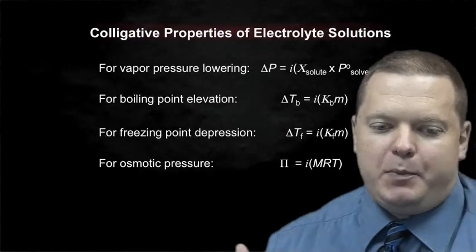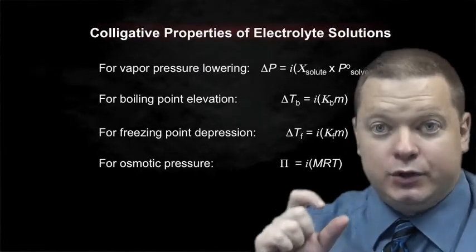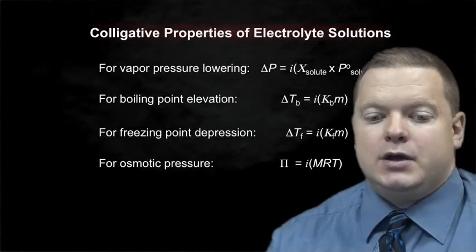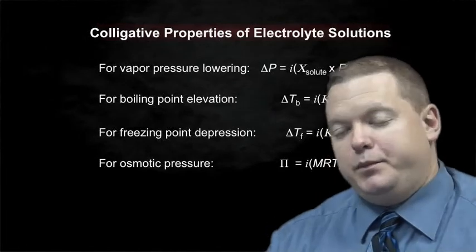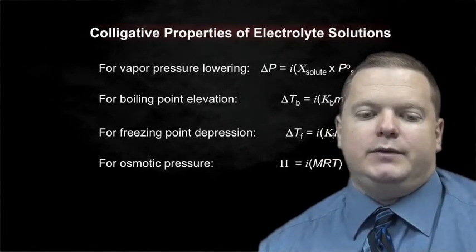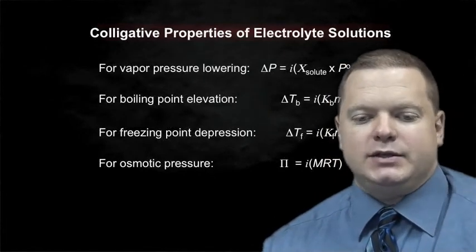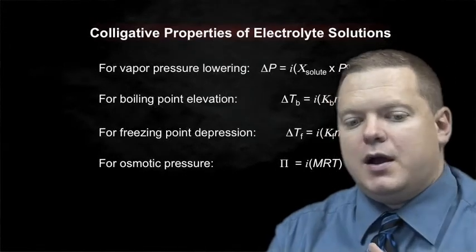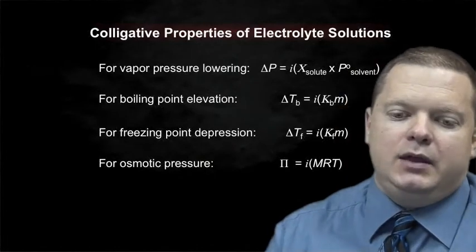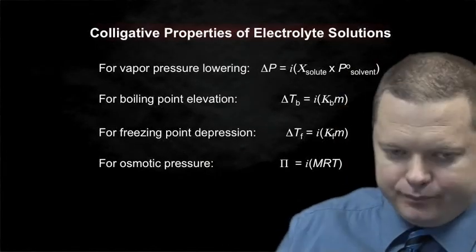So the change in vapor pressure is going to be delta P equal to this Van't Hoff factor times the mole fraction of the solute times the vapor pressure of the pure solvent. For the boiling point elevation, the change in boiling point is going to be this Van't Hoff factor i times the Kb times the molality m.